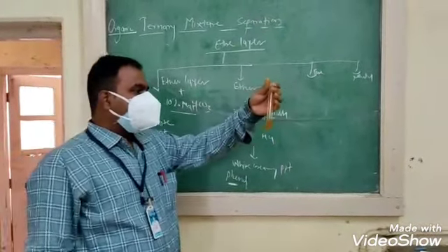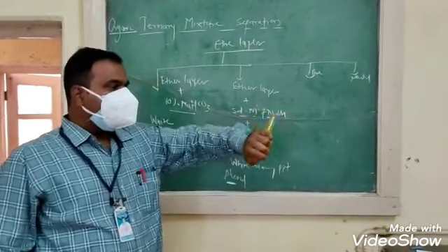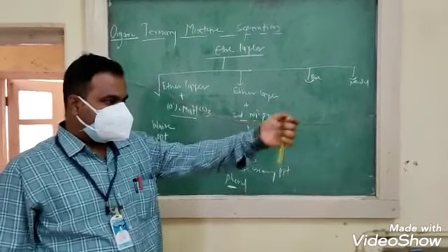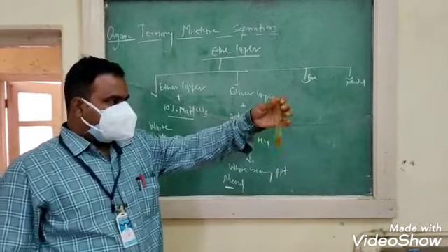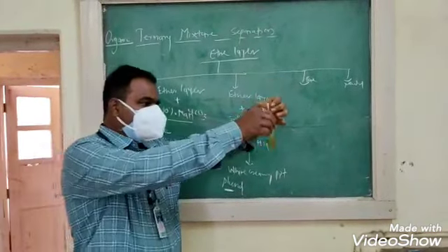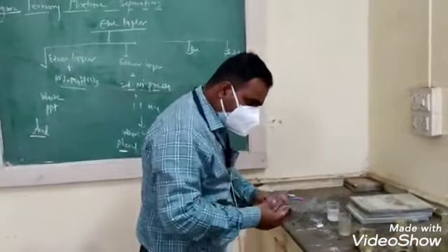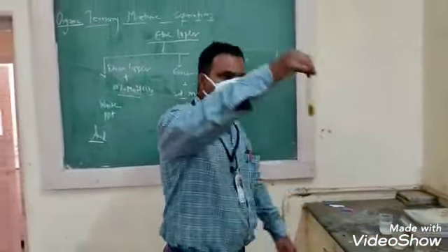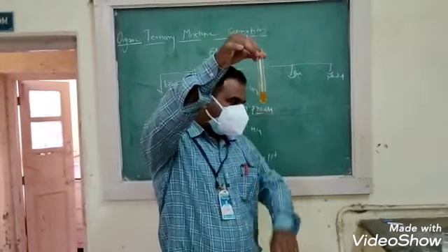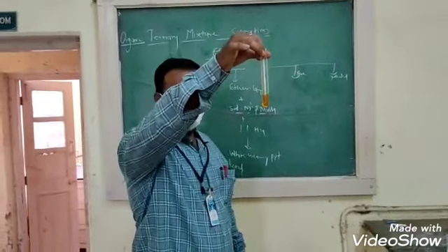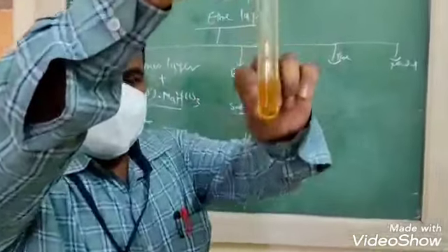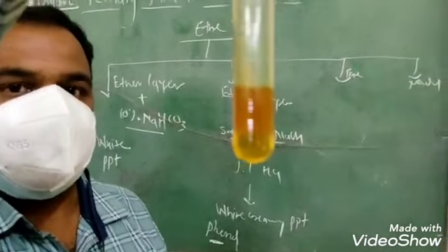For that reason we can say that a base may be present. Now allow this test tube to stand for 5 minutes for the separation of two layers, meaning the below layer is the 1:1 aqueous layer and the above layer is the ether layer.